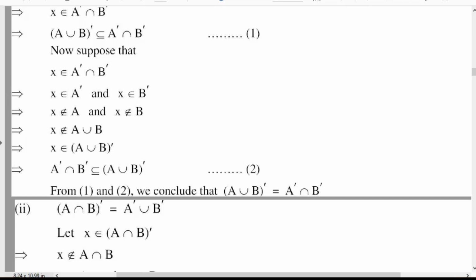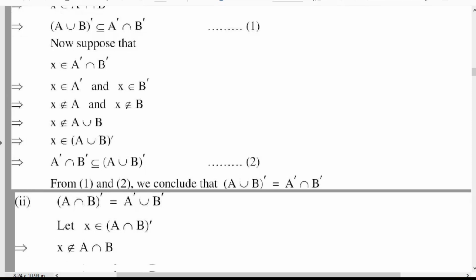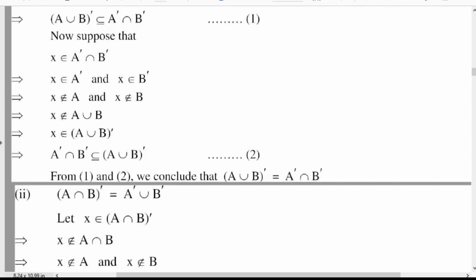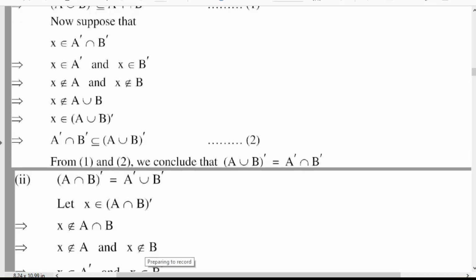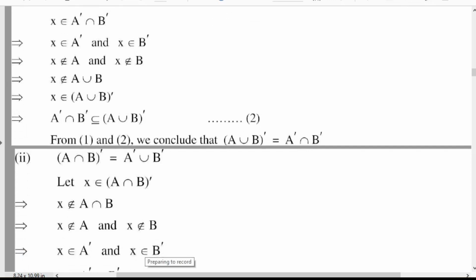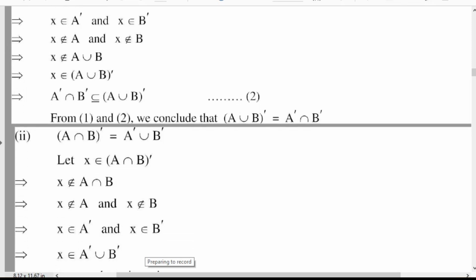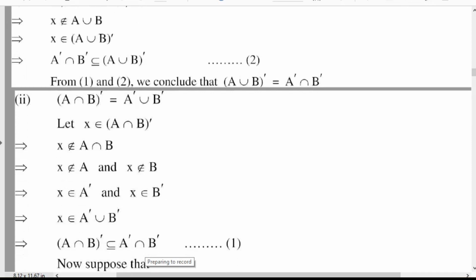So X does not belong to A intersection B, so X does not belong to A or X does not belong to B. Next, X belongs to A complement or X belongs to B complement, so X belongs to A complement union B complement. So (A intersection B) whole complement is a subset of A complement union B complement, that is equation number 1.